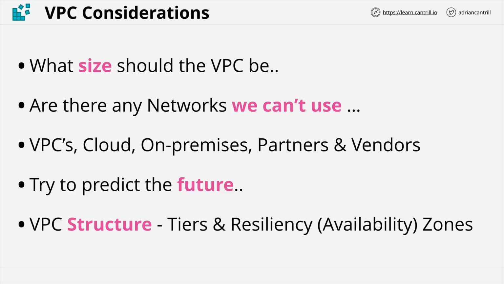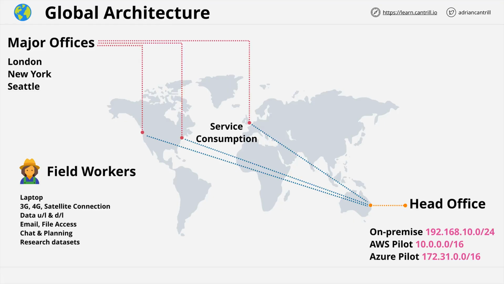So since this course is structured around a scenario, what do we know about the Animals for Life organisation so far? We know that the organisation has three major offices: London, New York, and Seattle. That will be three IP address ranges which we know are required for our global network. We don't know what those networks are yet, but as solutions architects, we can find out by talking to the IT staff of the business.